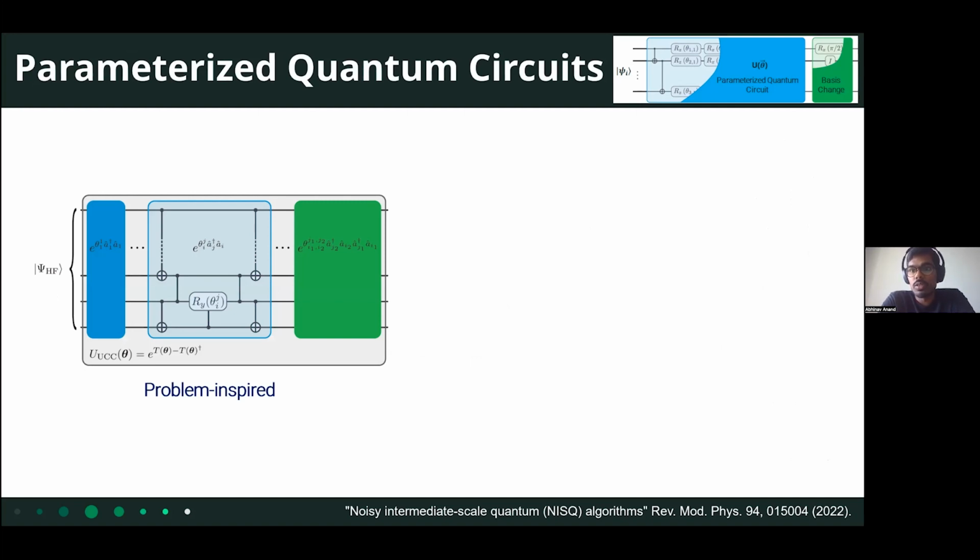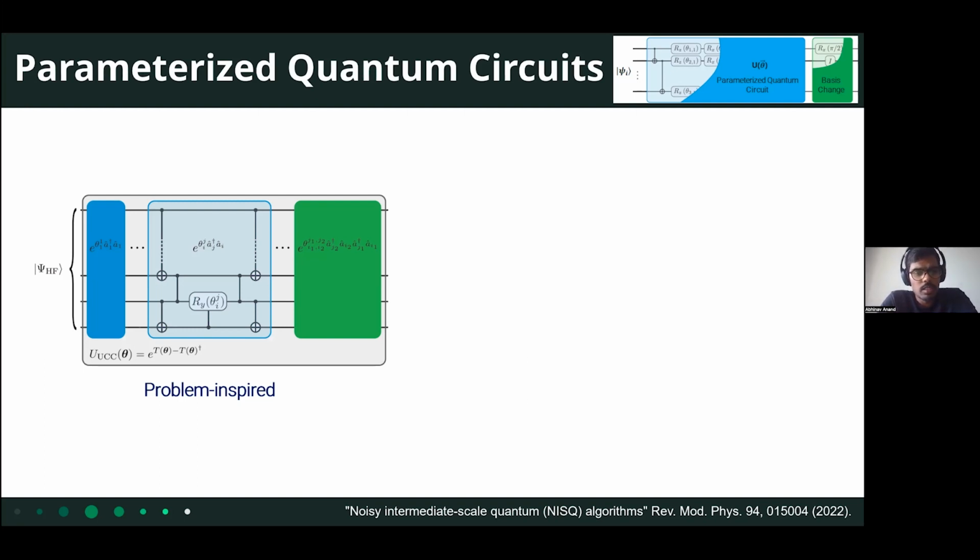The thing that I've shown here is a unitary coupled cluster ansatz, which is a very popular ansatz for chemistry, which comes from solving the electronic structure problem, or finding the spectrum of a molecule in chemistry, right? You can use the information that you already know, given the configuration of the molecule, to construct this circuit.